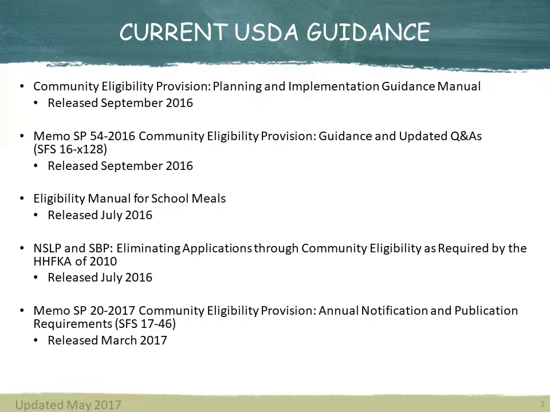And then we have some information in the eligibility guidance manual. And then we have the actual final rule on the Community Eligibility Provision, and the annual notification and publication requirements, which was released in March. So that's what we just finished doing.